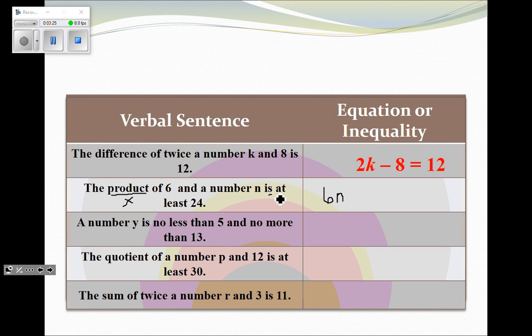So anytime you say "is at least," we know that we're going to be dealing with an inequality sign. In this case, it's going to be the greater than or equal to 24. Whenever you see "is at least," it means that 6 times n can be greater than or equal to 24.